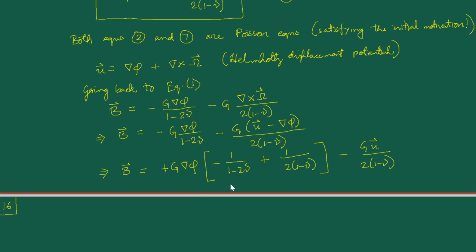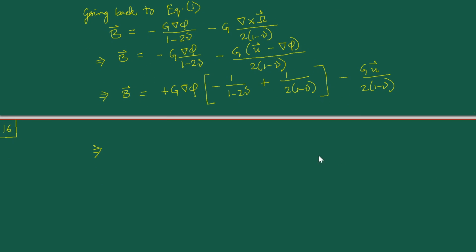If you can overlook the messiness of this expression, we have connected the u vector with the b vector, but this grad phi is still lingering here, so we'll have to take care of that. But we would like to rewrite this entire thing in terms of the u vector. So I will multiply throughout by 2 into 1 minus nu by g.